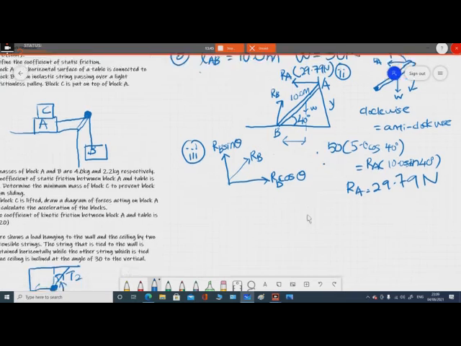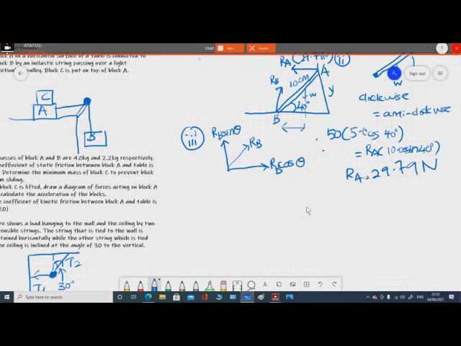Okay, so we know that RB, let's say I draw a plane. So this one shall be my RA, and this one is my RB.